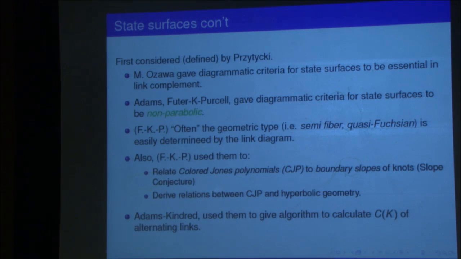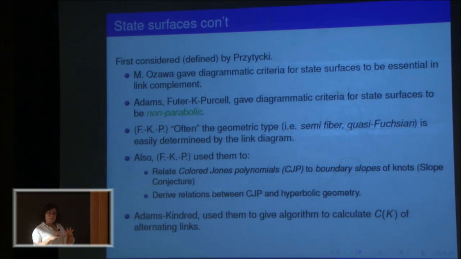Okay. And so the process for the Seifert surface has been known forever, but these surfaces were considered first by Przytycki. He defined them, and then for a while nobody did anything with them, and then a few years back Makoto Ozawa gave criteria in terms of the knot diagram for these surfaces to be pi1 injective.